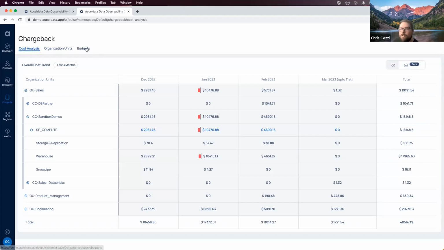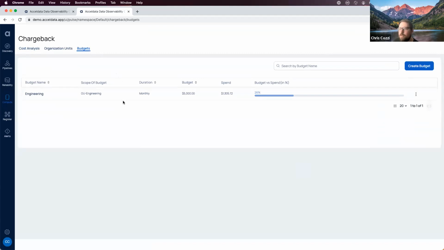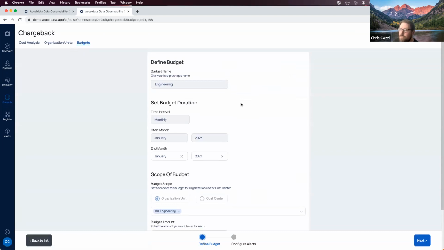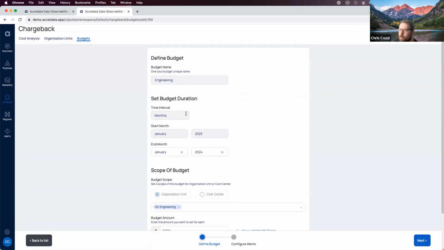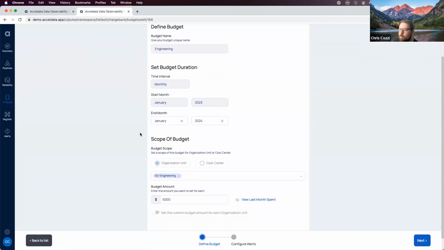On the more future-facing path, one of our recent additions is the ability to assign budgets to the different layers of this hierarchy. Dropping into an example here, we can set budgets at the monthly, the quarterly, the annual level. They can be associated to one or more organizational units or just individual cost centers.